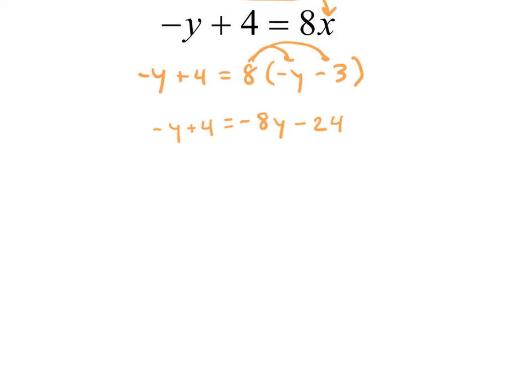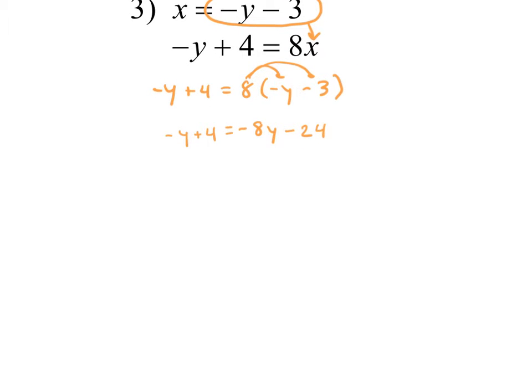What do we do next to solve? Combine like terms. So we can add y to both sides. So this is now 4 is equal to negative 7y minus 24, and then we add 24 to both sides.